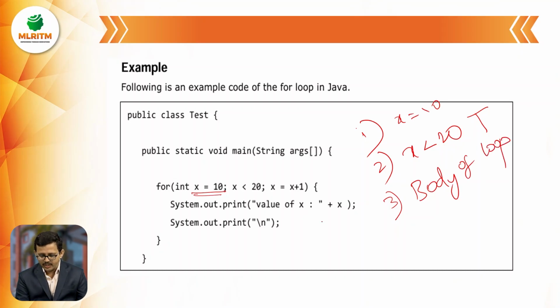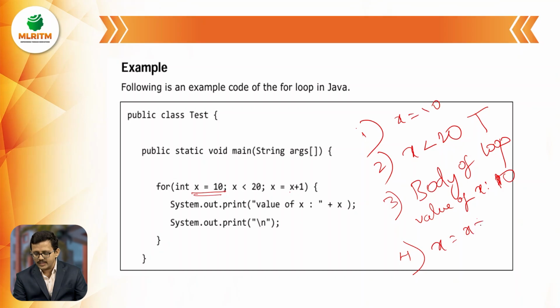What is the body of the loop? Here we are having some value of x, and the first one is 10. After this, what is the fourth step? It goes to the increment: x is equal to x plus 1, which is equal to 11. So this is the order in which the for loop is executed. First, it goes to the initialization statement, x is equal to 10.